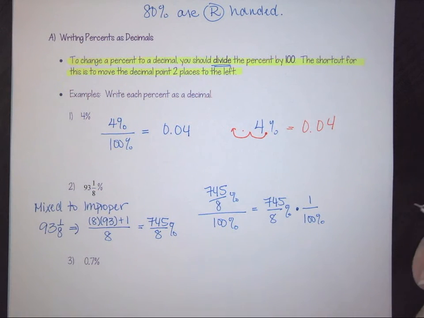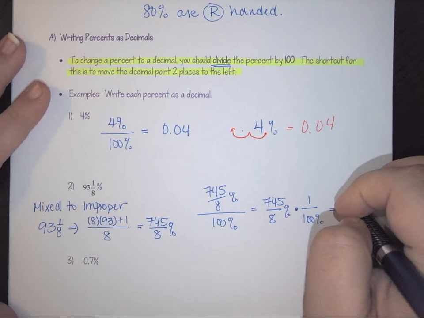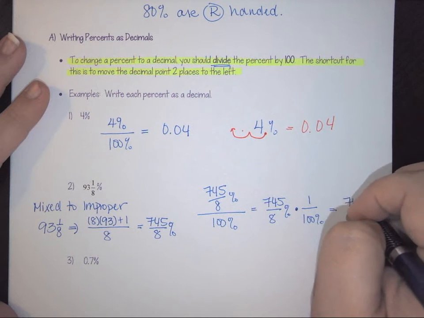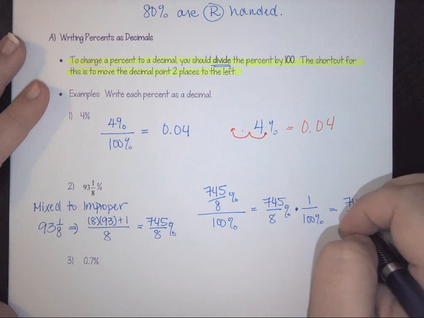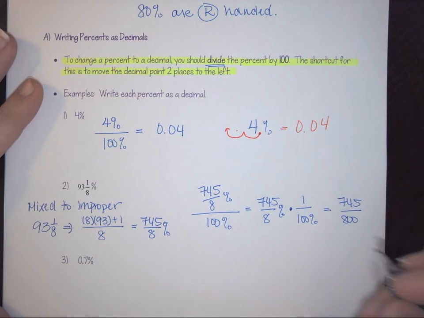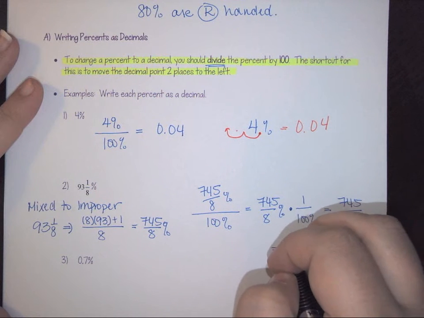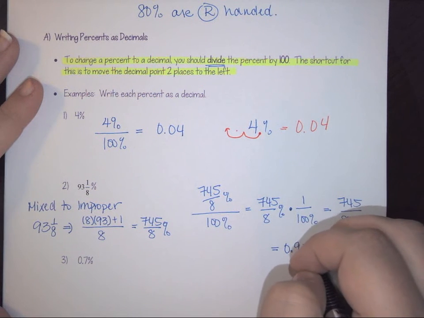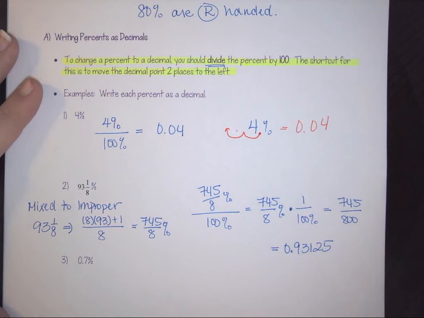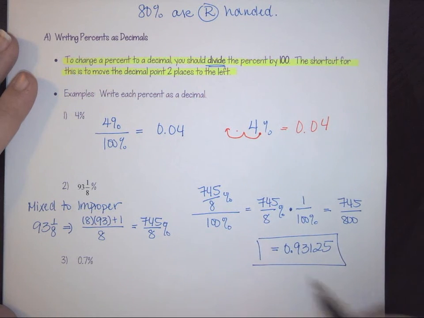This sets it up so that we have 745 over 800. When we divide that out, we're going to get our decimal, and in this case you're going to end up with 0.93125, and that would be our decimal answer. So this is what we are looking for right here.